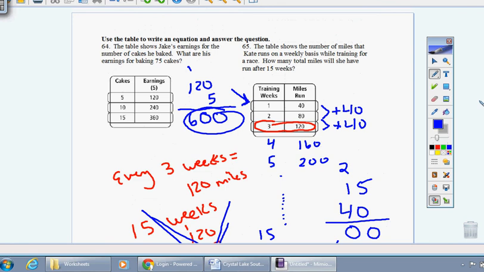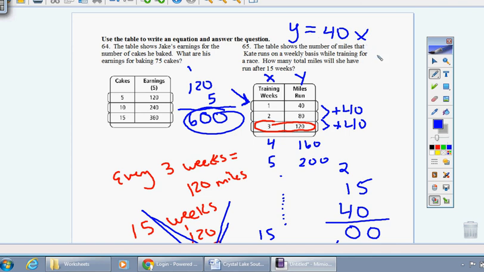Alright, now, another way you could have thought about this problem is writing it as an equation. Okay? And that's kind of what we just did, but let's actually write our equation out. You could treat the number of training weeks as x and the number of miles run as y, and you could write the equation y equals 40x.